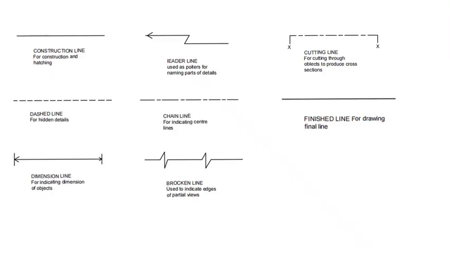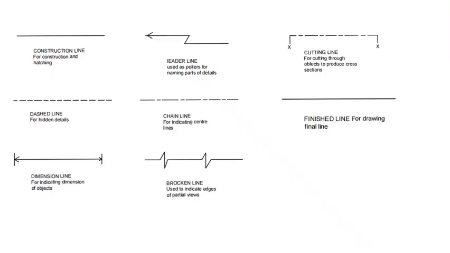Then the dashed lines for hidden details, where you cannot see edges and corners that are not visible from the front, that are hidden by the front part, can be drawn in dashed line in order for us to see how the edges are placed at the back.